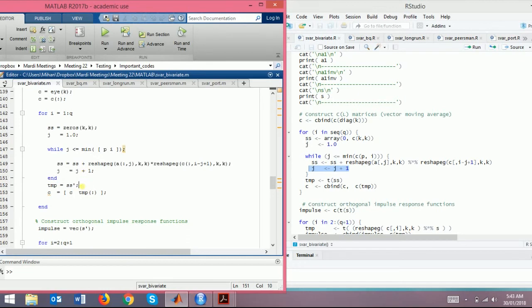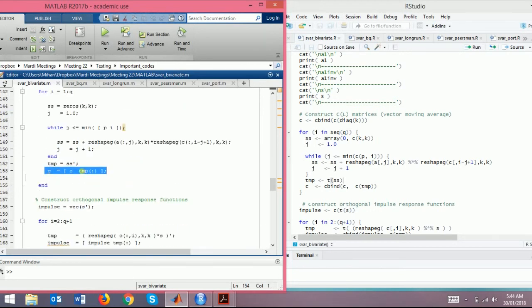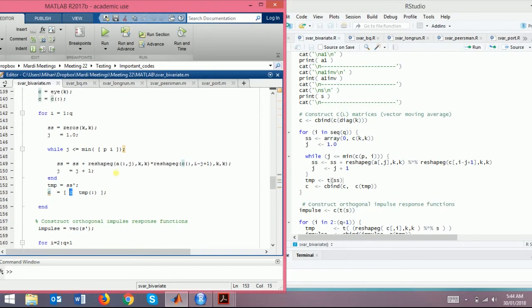Beautiful. And then we take the transpose of our representation, and C becomes all the elements of this and all the elements of that, that's all.